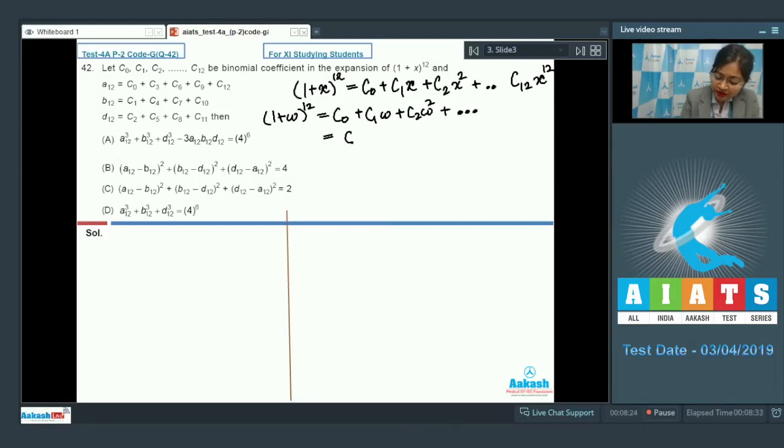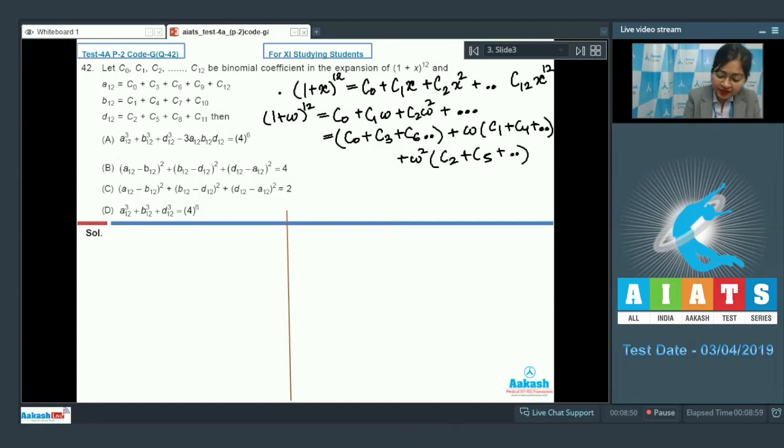Now this can also be written as C0 plus C3 plus C6, right? The multiples of 3, plus, if I take omega common, then we will get C1 plus C4 plus C7 and so on. Similarly, if we take omega square common, then we will get C2 plus C5 and so on, right?